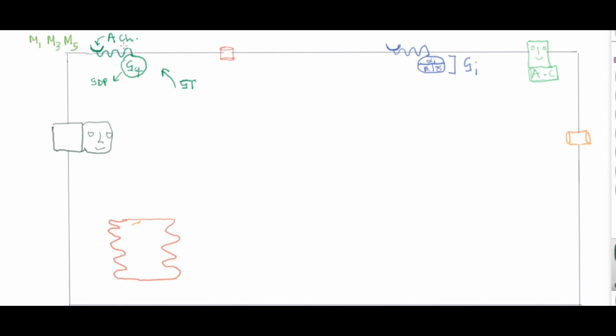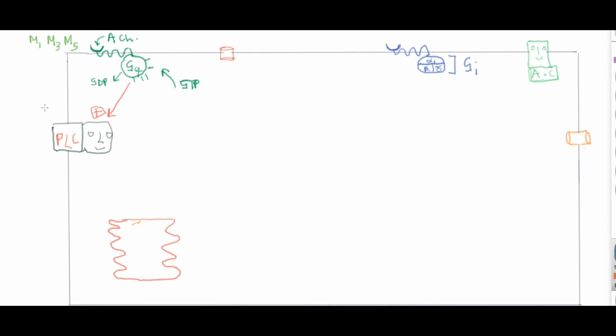This will activate this protein, and upon activation, it will stimulate an enzyme in the cell membrane called phospholipase C.